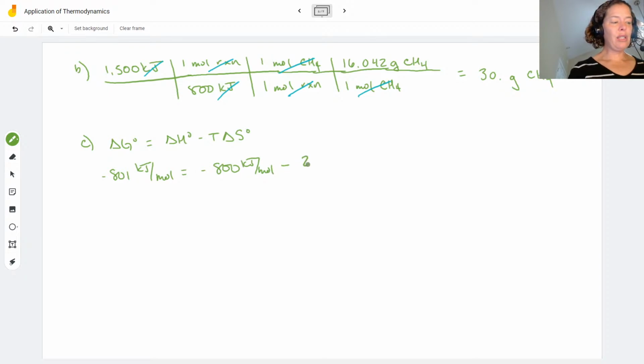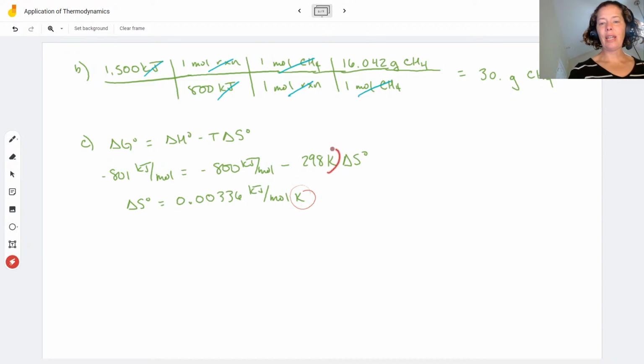Our temperature is 298 Kelvin, and we are calculating our delta S. This is really a plug and chug situation. So I can calculate my delta S, and that is 0.00336 kilojoules per mole K. Remember this K, this Kelvin, came from that temperature there. So again, watch your units.